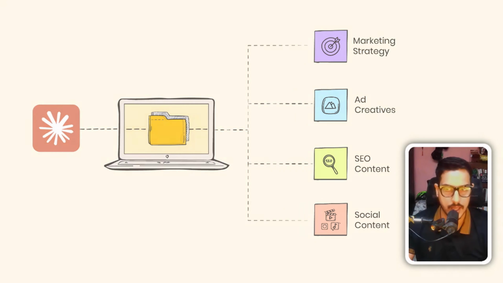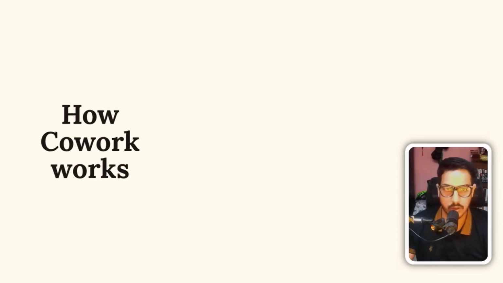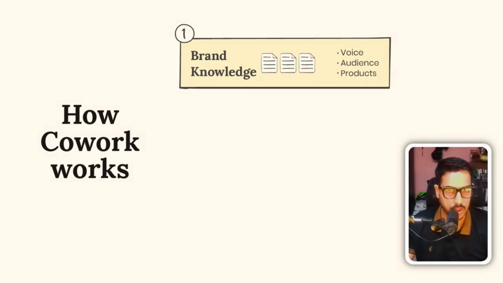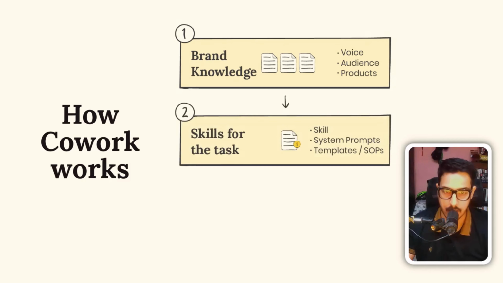You need to understand that Cowork works on 3 levels. Level 1 is the brand knowledge. It is the context of your business, the brand voice, the audience, and every related information about your products and your business. Number 2 is skills. These are the skills which are necessary to produce the marketing assets.